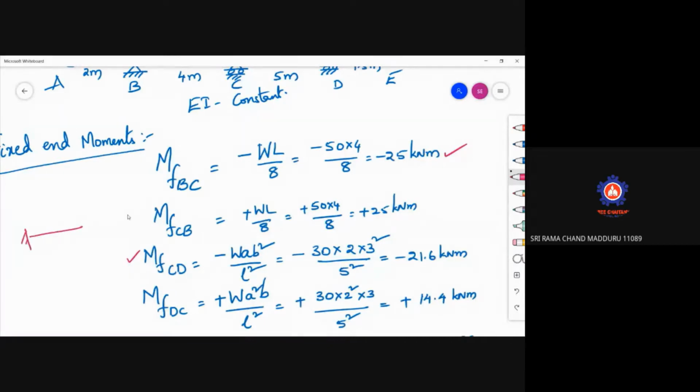So here a fixed beam with a point load W, and this is A, this is B, this is span L. Now the moment at this one is WAB square by L square, which is anti-clockwise, that's why it is considered as negative. And this is WA square B by L square, which is clockwise, that's why this is positive here. Now you will get the values as minus 21.6 kilonewton meter plus 14.4 kilonewton meter.